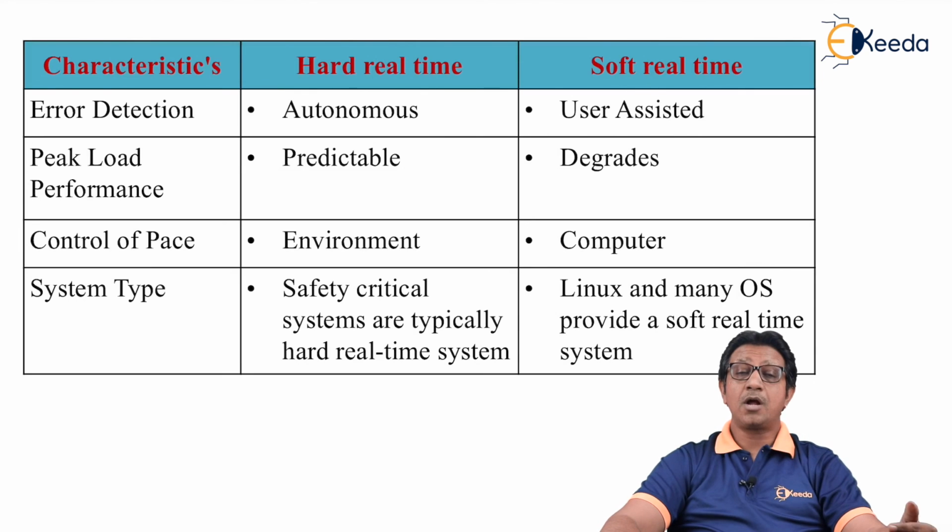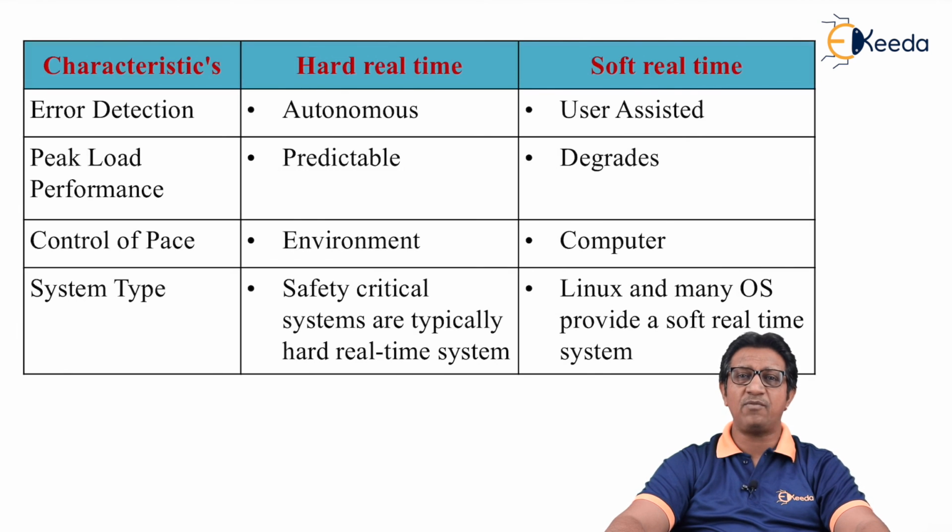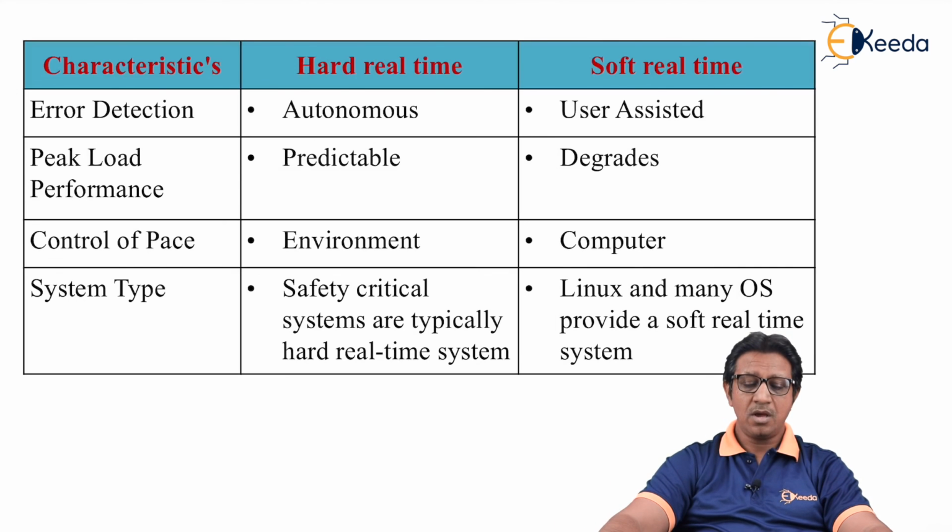Now what this means: in hard real-time systems, the surrounding where the embedded system is used controls the pace. Take the example of a flight control system or missile guidance system: the environment where it is used is controlling the things, whereas soft real-time systems are controlled by computer, like your online database or websites.